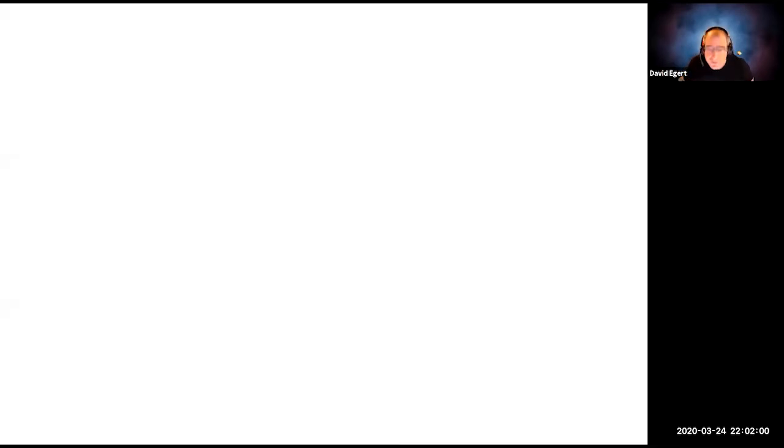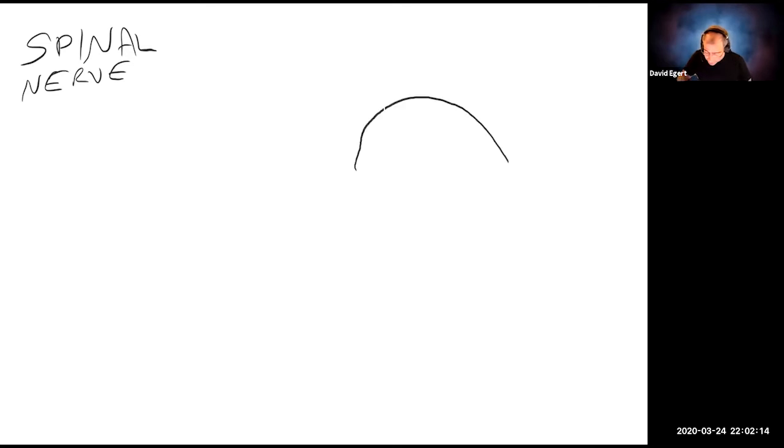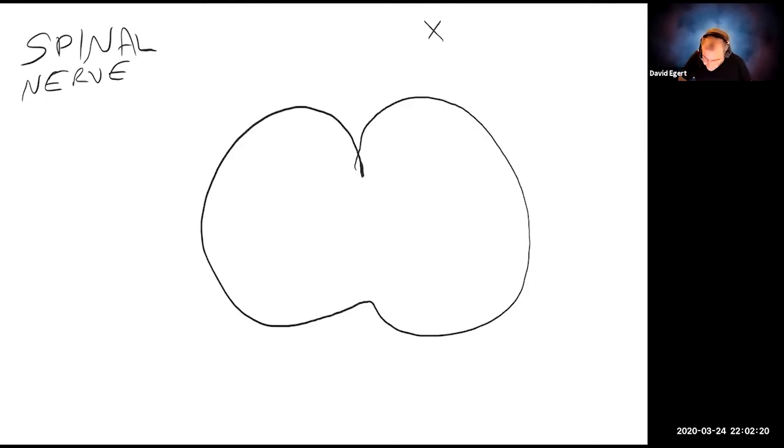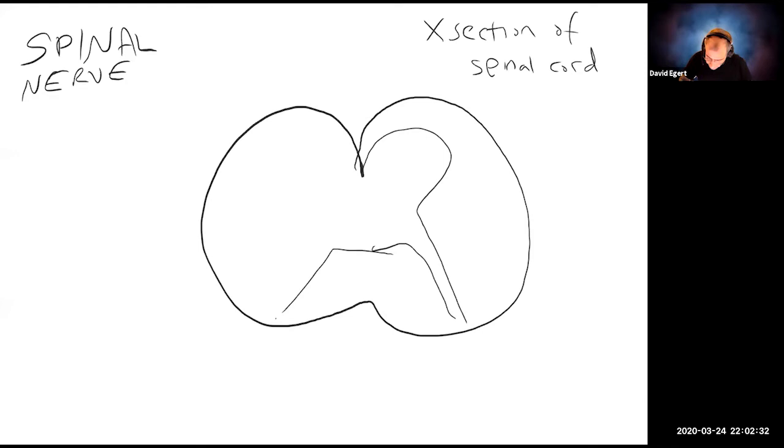All right. So first, we're going to talk about how a spinal nerve actually arises from the spinal cord. So here's the spinal cord. This is, again, a cross section of the spinal cord with our ventral and dorsal horns.